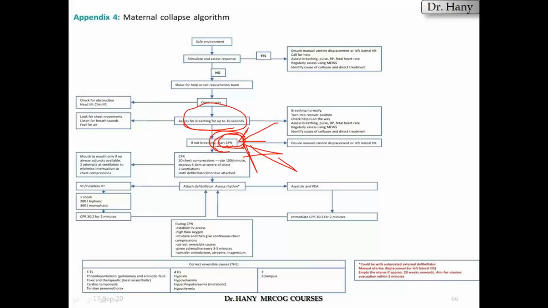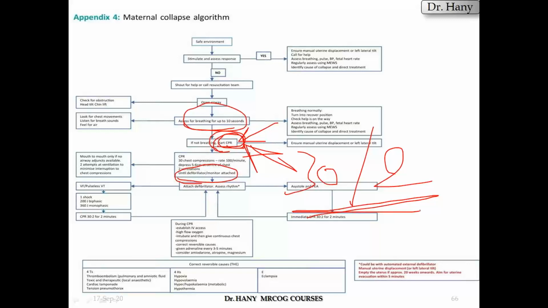And CPR will be 30 chest compressions to 2 ventilations, until the patient is on the ventilator. So the chest compression will be 30 to 2 until she is on a ventilator, and then she is out of this criteria.